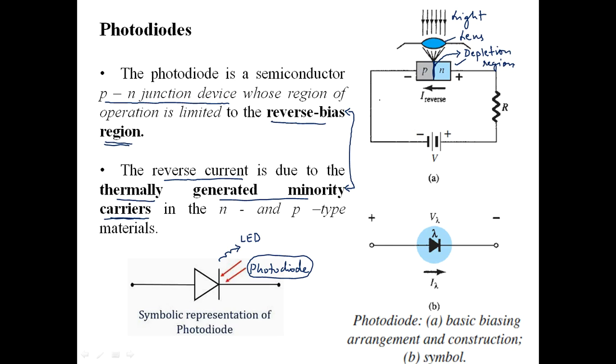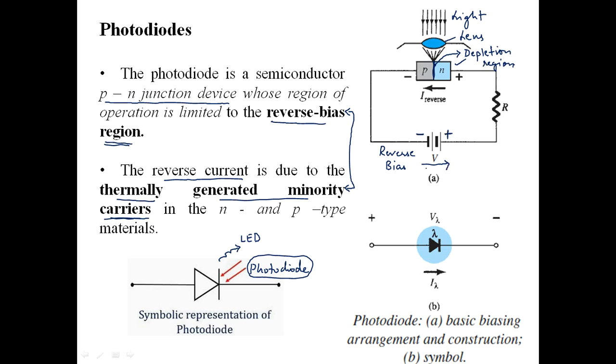The P region is connected to the negative terminal of the battery and the N region is connected to the positive terminal of the battery. What does that mean? That means we are trying to reverse bias the PN junction. So when we reverse bias the PN junction, what happens to its depletion region width? The depletion region width increases.